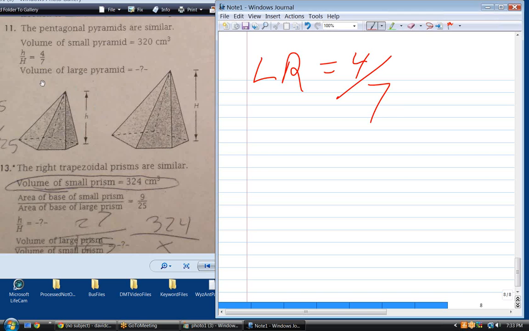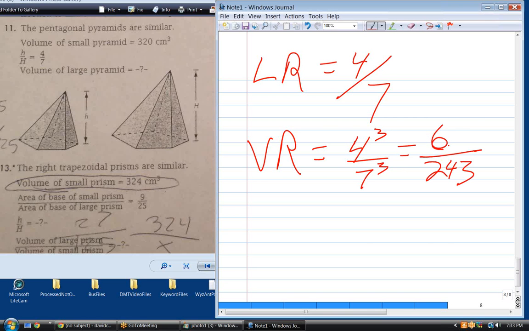They are asking us about volume. What is the volume ratio? Take the cube. What's the ratio going to be? 4 cubed to 7 cubed. That is 64 and that is 343. So there's our volume ratio.